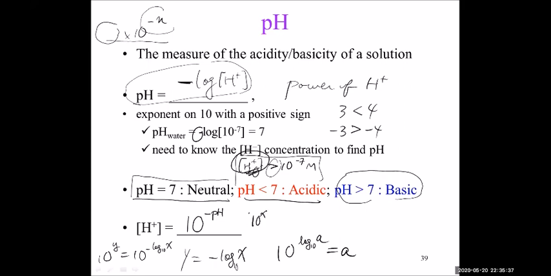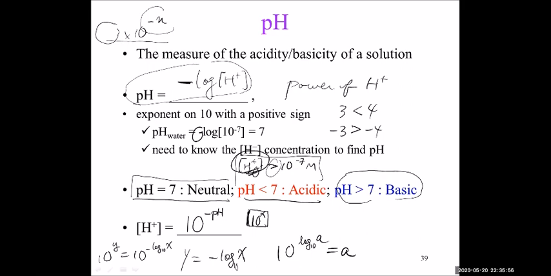You have this function in your calculator. Just use this key to easily calculate the proton concentration from pH. And that's basically the calculation.